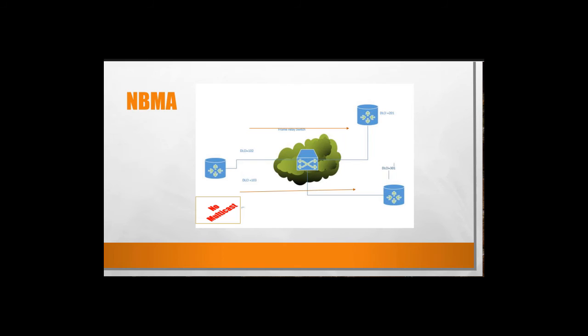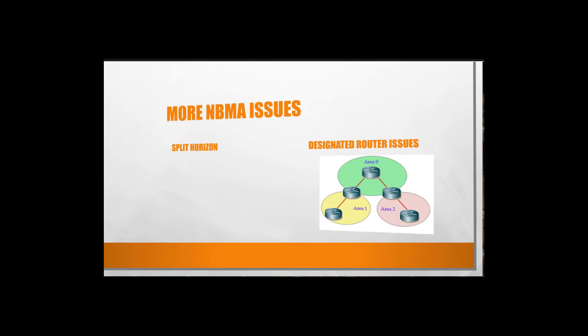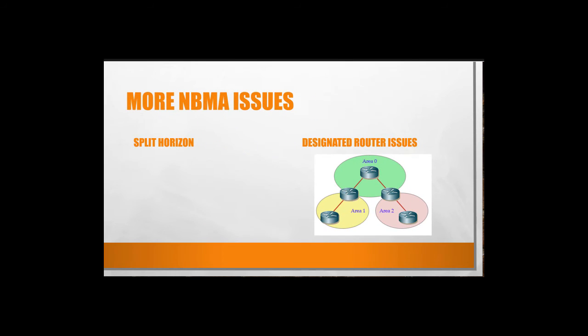So what kind of issue can we find over here? Well, when we are talking about designated router issues, this example is from area 0, you want to reach area 1 or area 2, and you're going to see that very often when we are talking about the OSPF routing protocol.